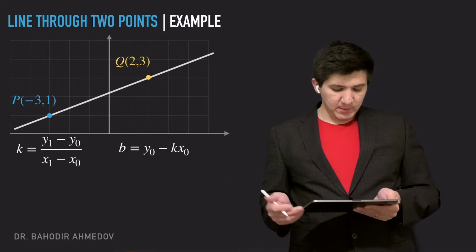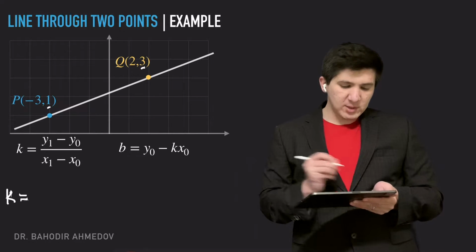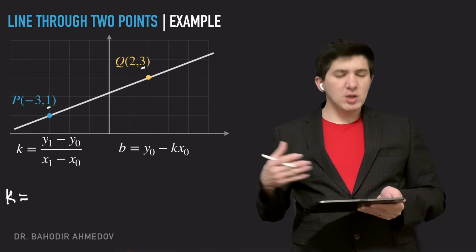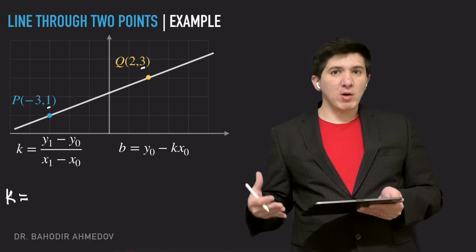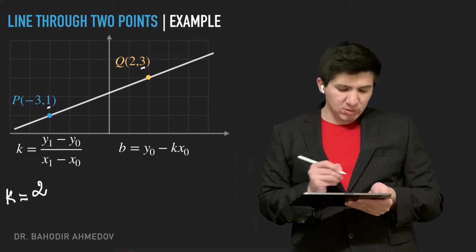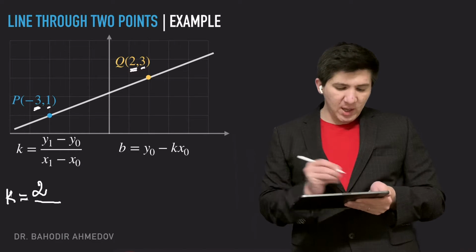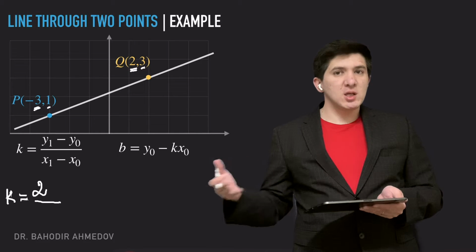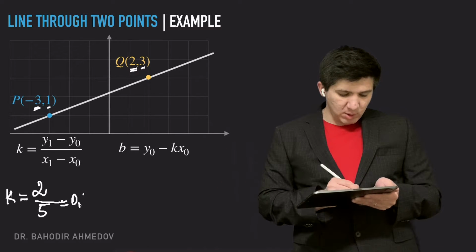To calculate the slope k, I subtract the y coordinates of the two points. Let q be the second point; subtracting the y coordinate of p, 1, from 3 gives 2. So 3 minus 1 is 2, divided by the subtraction of the x coordinates, 2 minus (-3), which is 5. So k is 2 divided by 5, which is 0.4.